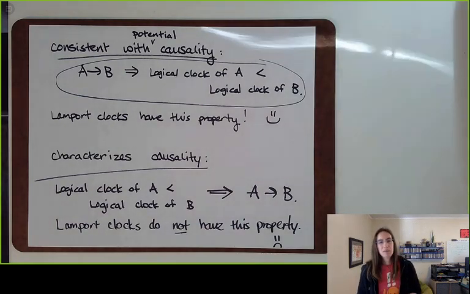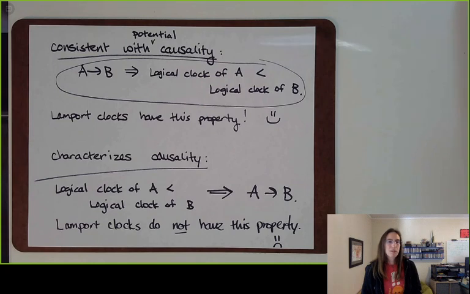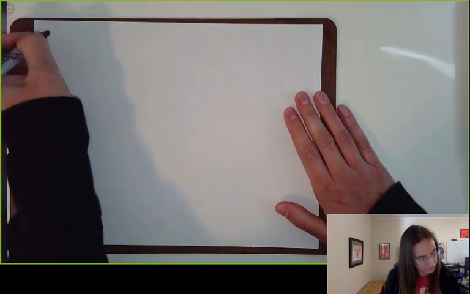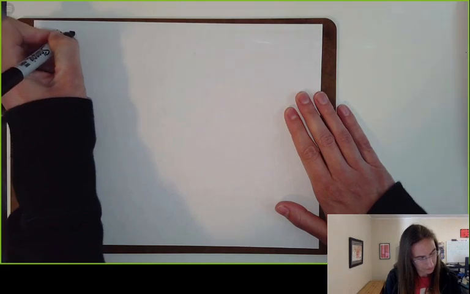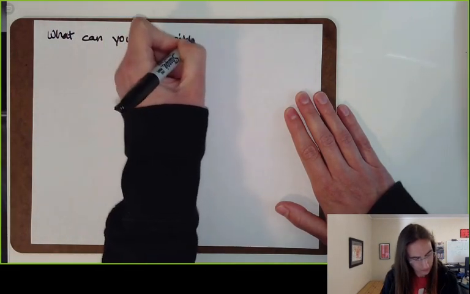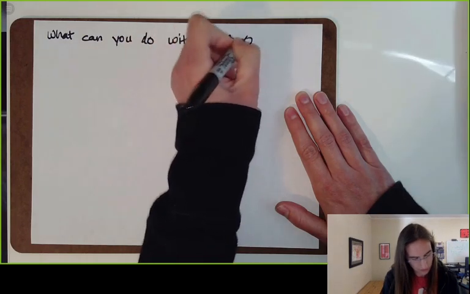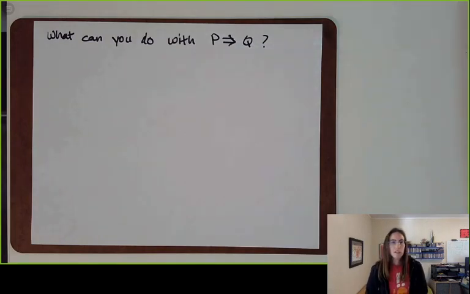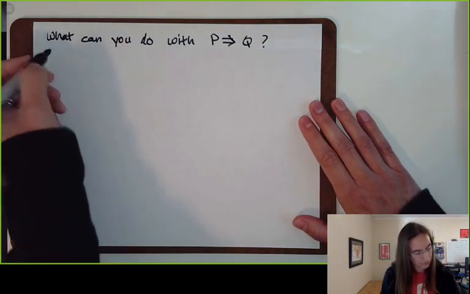No, I mean, some people are laughing at this question, so what's the point of Lamport clocks? But it's a damn good question, right? What is the point? Well, here's what you can do with an implication. Anytime you have an implication, like P implies Q, you can take what's called its contrapositive.